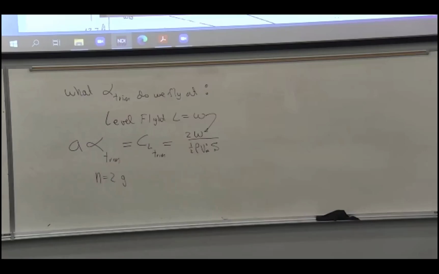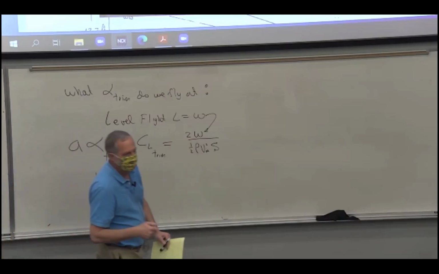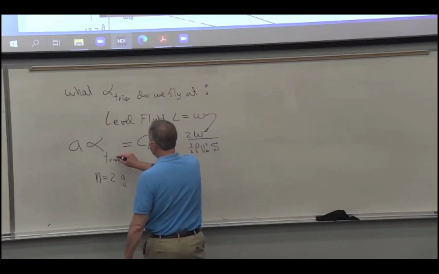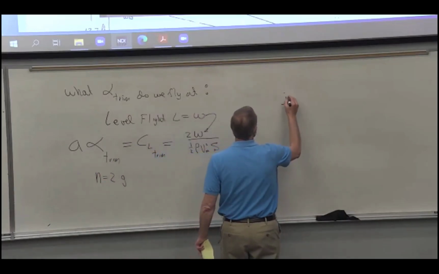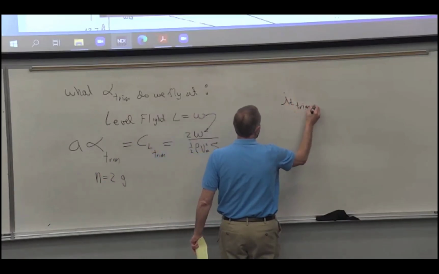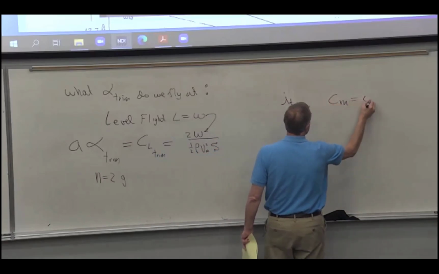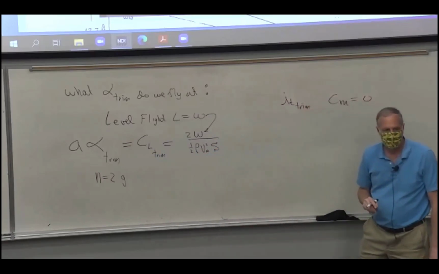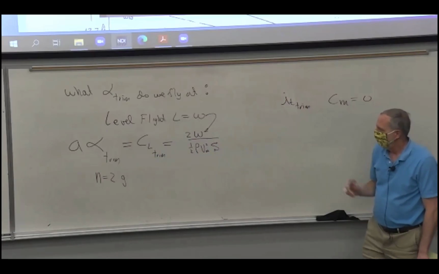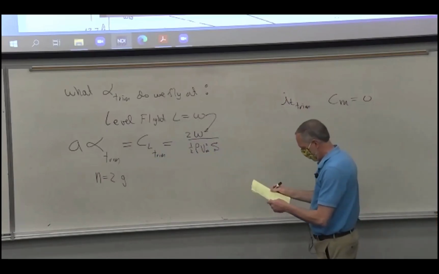CM alpha multiplies alpha, so that goes in there. And then we have to calculate what IT, I'm pointing to this and they can't see it, we have to know what IT we're going to fly at. So the alpha trim comes from here, and if we're trimming with IT, it comes from making CM 0. All right, so that's the whole trim story.